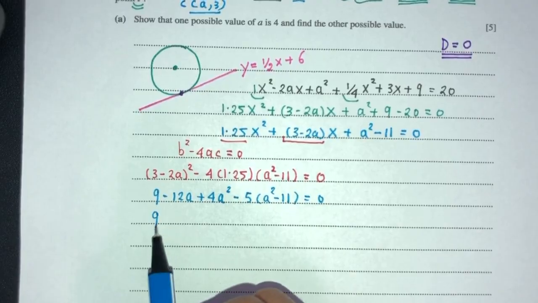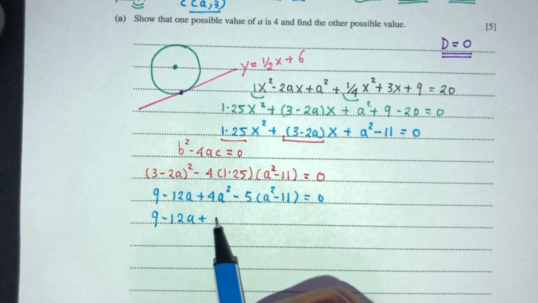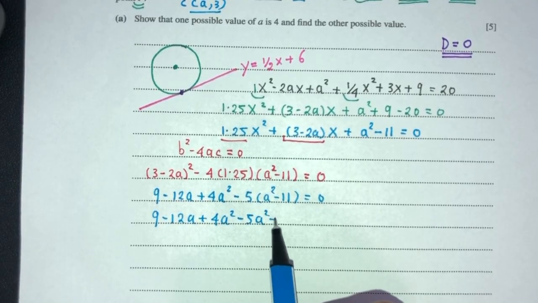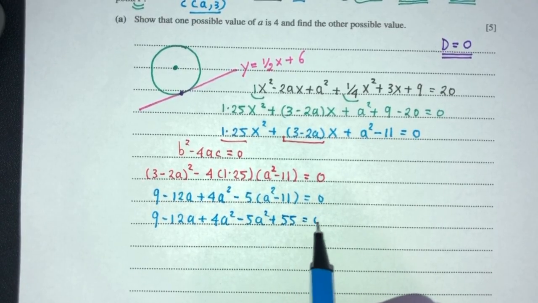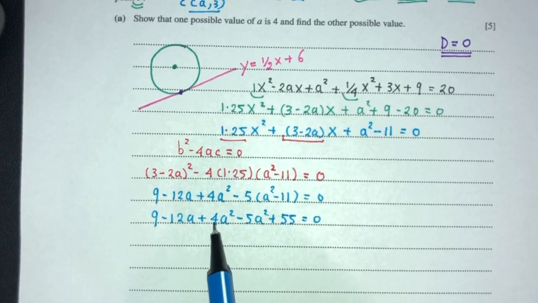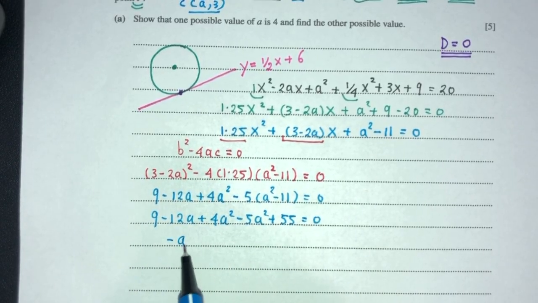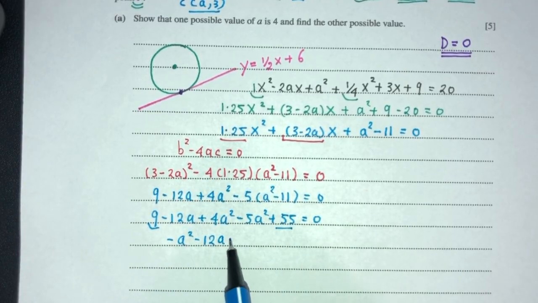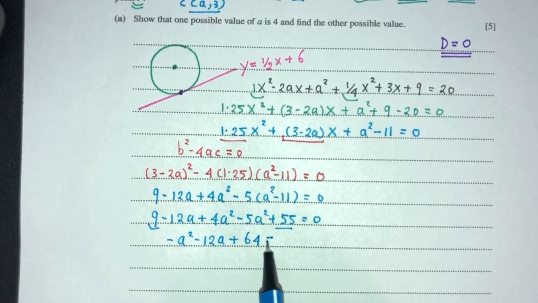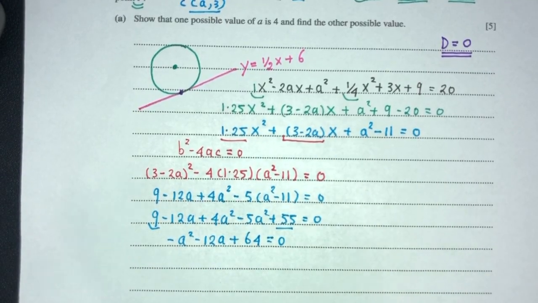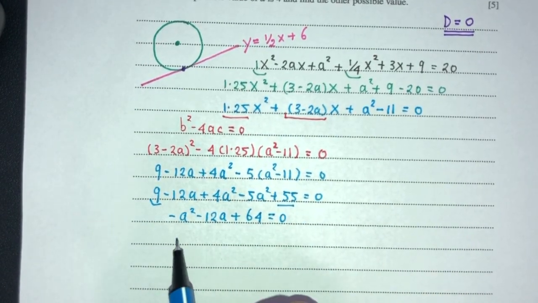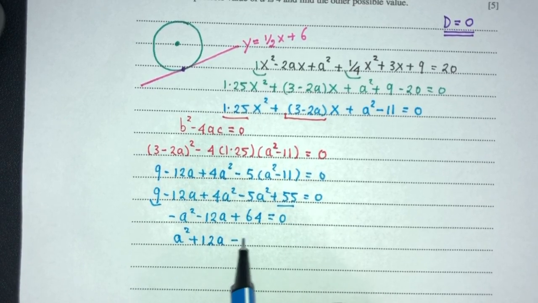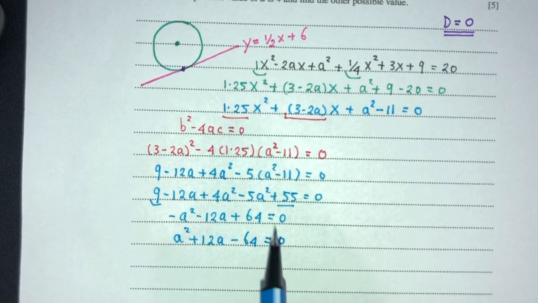That will become 9 minus 12a plus 4a squared, minus 5a squared plus 55, and that will be 0. Simplify again. 4a squared minus 5a squared should be minus a squared, minus 12a. We have 9 plus 55, that should become plus 64. Send everything to one side because I want to make this positive. Then you have a squared plus 12a minus 64 equal to 0.